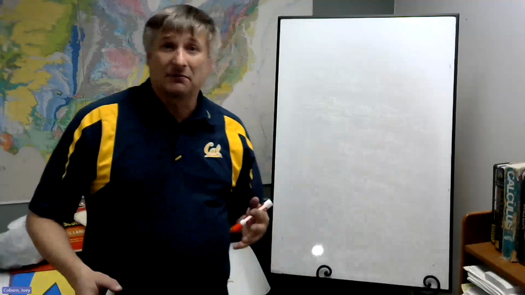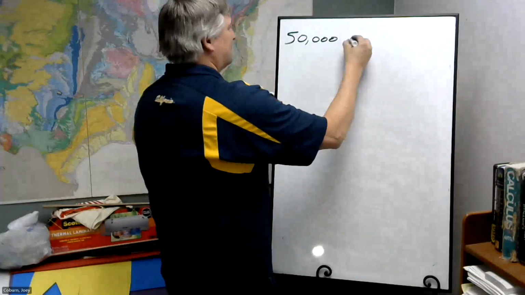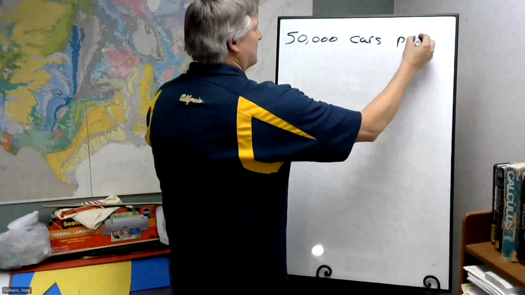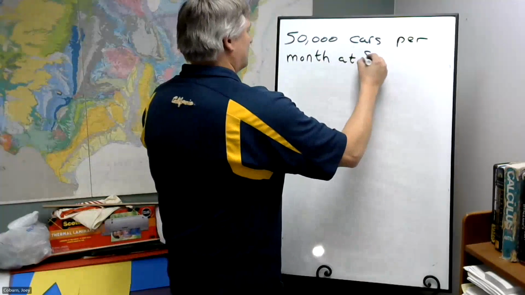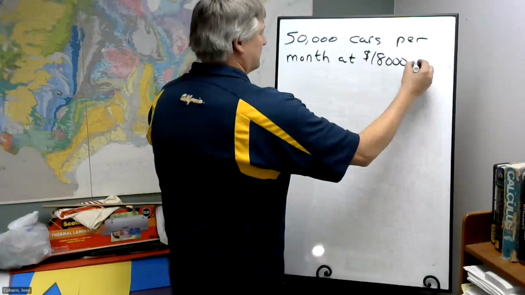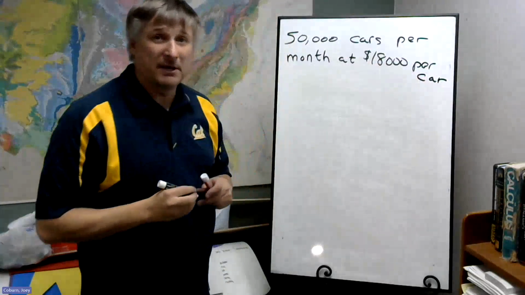There's a car sales, and what's happening with the car sales, I'm just reading this off of the homework, is let's say that if you have, let's see, you can sell 50,000 cars per month if the price is 18,000 a car. So that's a piece of information.